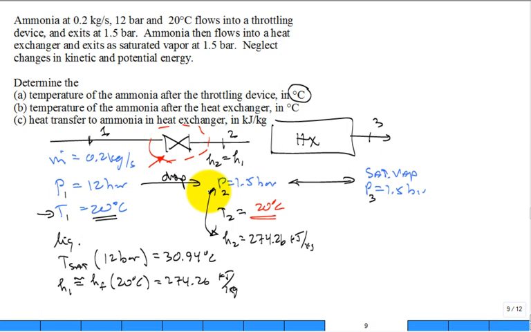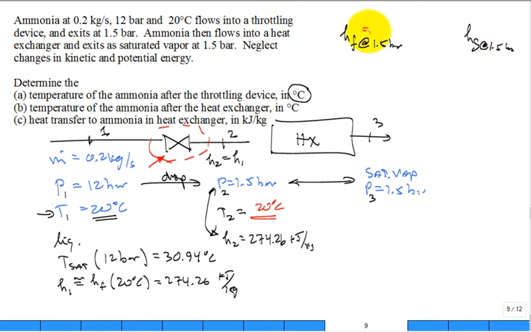Well, we have to find out what state it is. Is it superheated vapor, two-phase liquid vapor mixture, or maybe subcooled liquid still? We go to the pressure table at 1.5 bar, and we look at H of F at 1.5 bar and H of G at 1.5 bar, and we pick those out of the table.